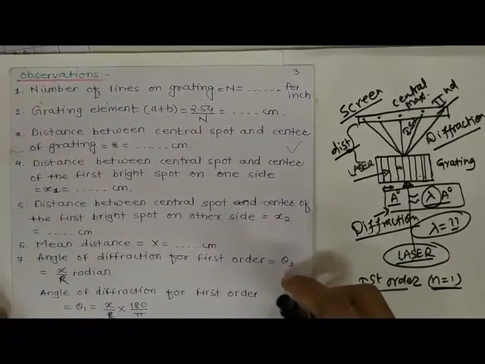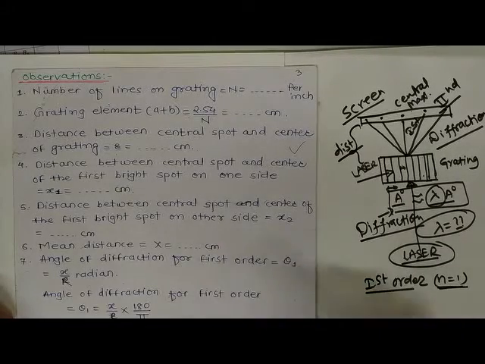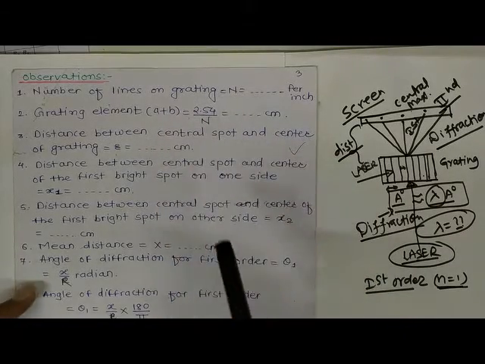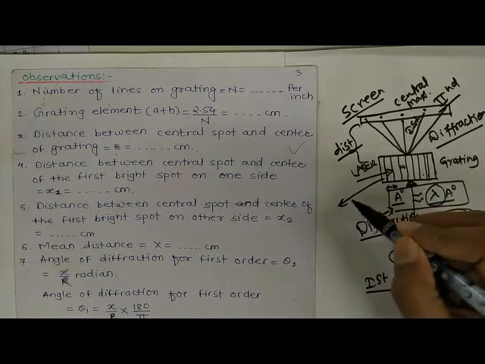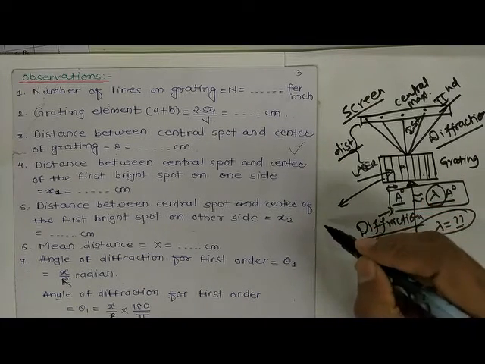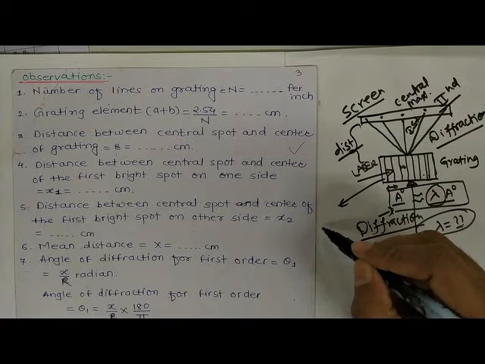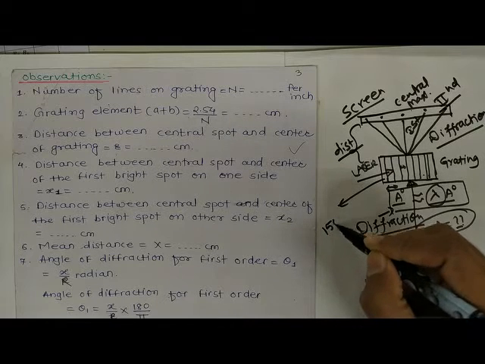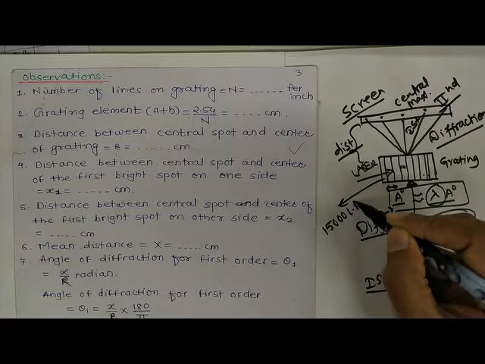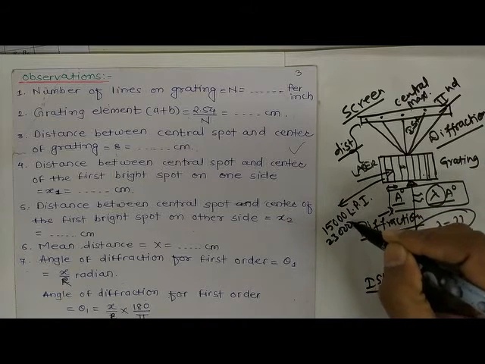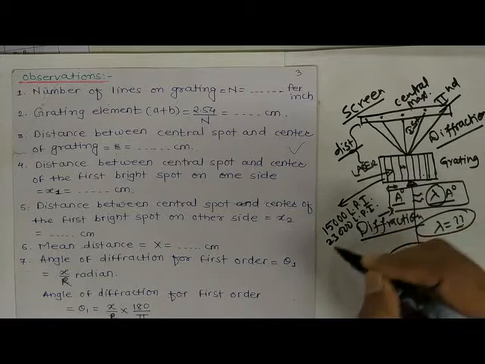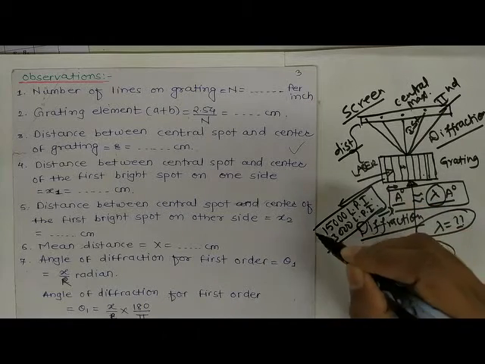For the different observations we have to first of all see how many lines are on the grating. The number of lines is already mentioned on the grating. If you have seen any grating, you will find a number like 15,000 LPI or 23,000 LPI. So what is LPI? Lines per inch.